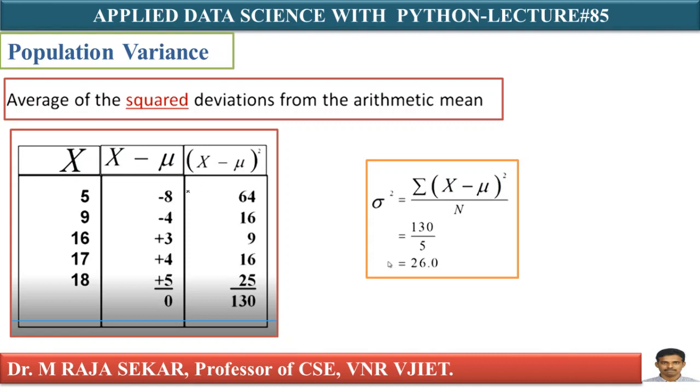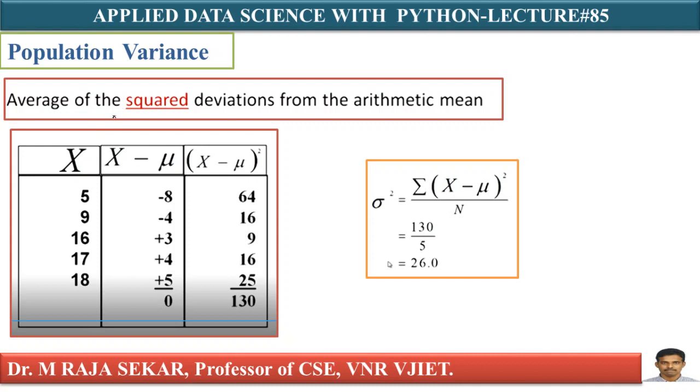If you square the deviation, we get two major advantages. One advantage is you can remove the negative sign. The second advantage is that when you square it, the value increases, so it is something like giving a higher penalty for higher deviation values.